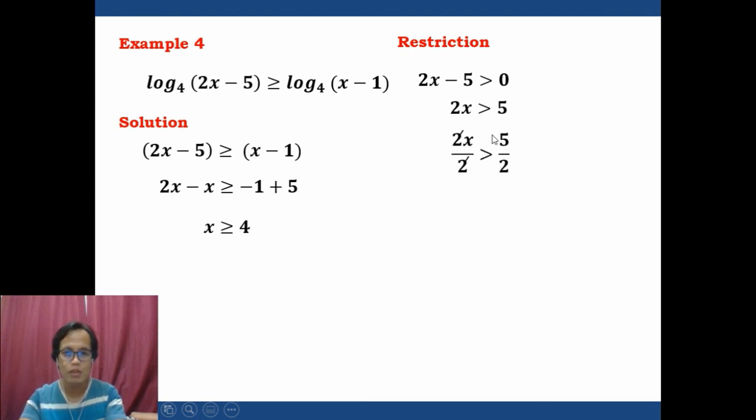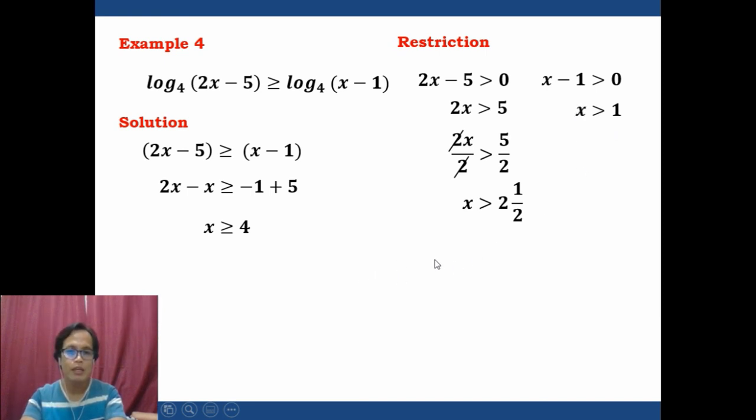We cancel out the 2, so what remains is x, then 5 over 2 is 2 and 1 half. Okay, this is the second inequality. For the third inequality, we have x minus 1 is greater than 0. By the addition property, this becomes x is greater than 1.